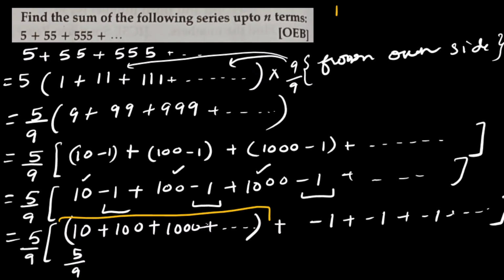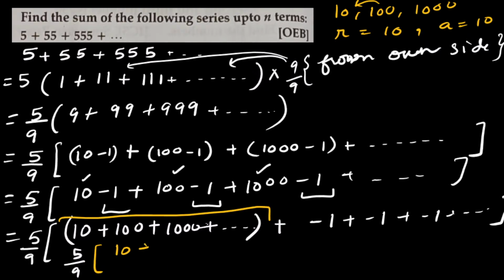You can check now. I have got this type of sequence: 10, 100, 1000, and if you divide, the common ratio you will get is 10. R is equal to 10 with A equal to 10. So I have got a GP now. So I can write 10 plus 100 plus 1000 as one sequence.